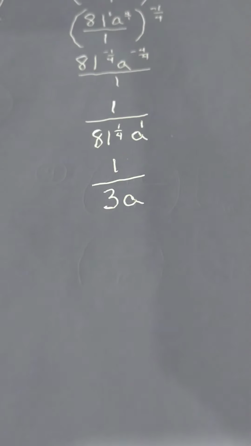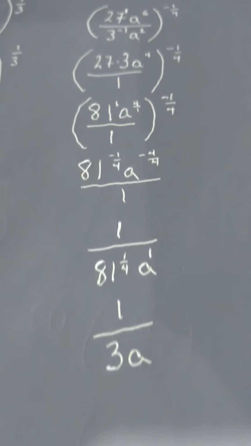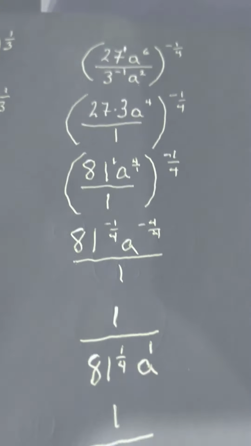Now the 4th root of 81, we're almost done, hang in there, is 3. A, and we are finished. Look at all that work we did. Beautiful, beautiful.